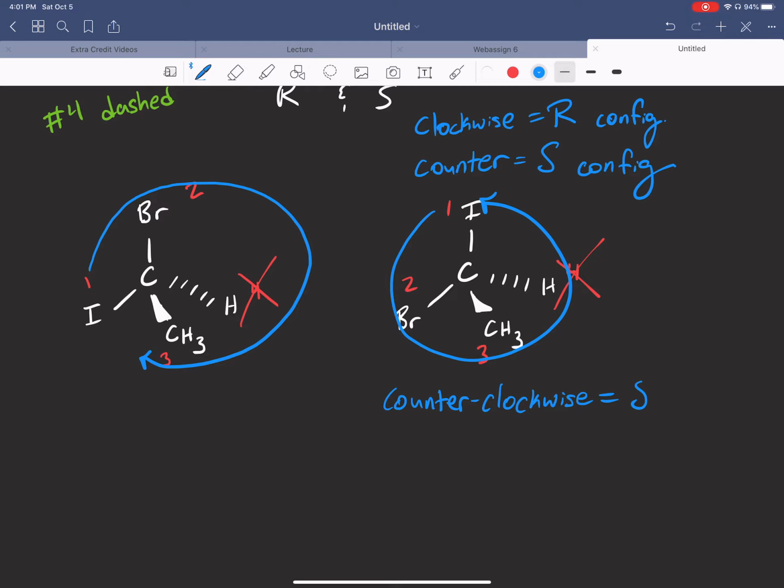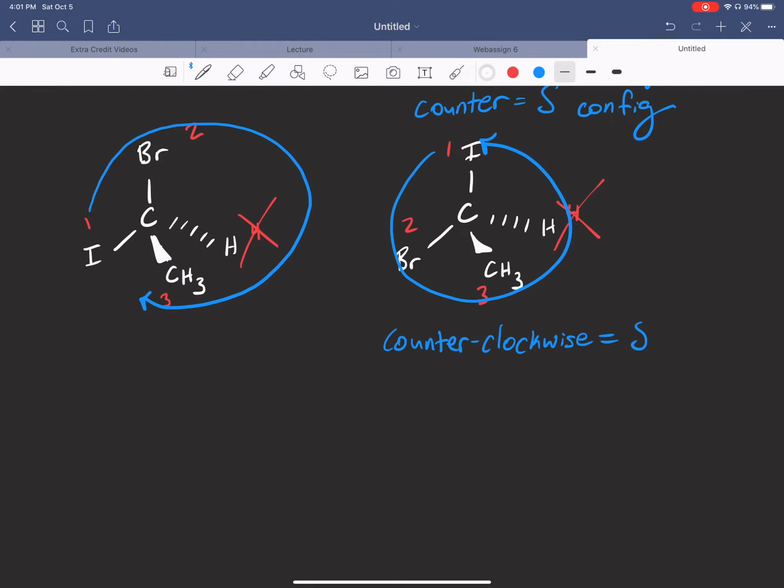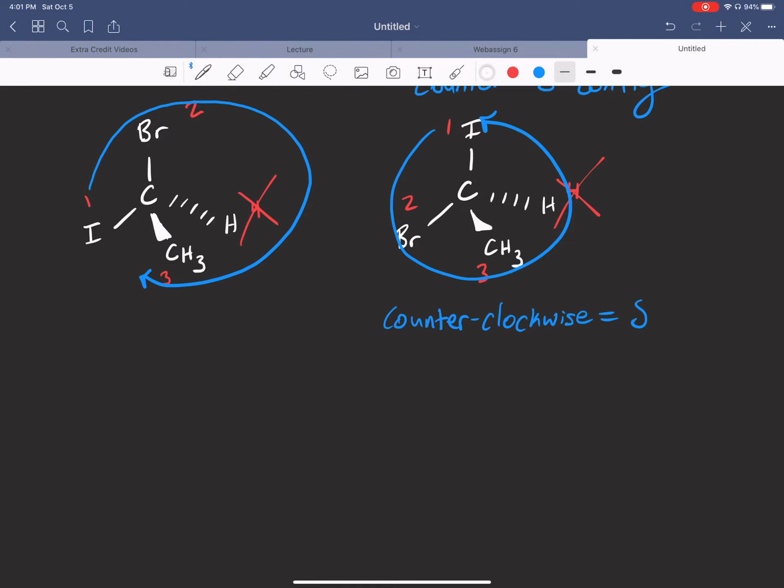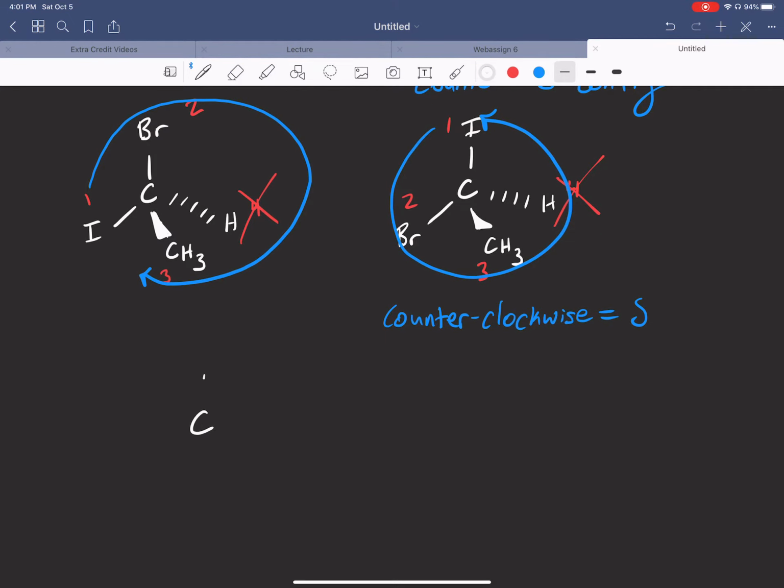That's the easiest scenario you could have had, where the number 4 lowest priority group is in the back. Now I actually want to show you guys one thing, so I'm going to draw this molecule here.